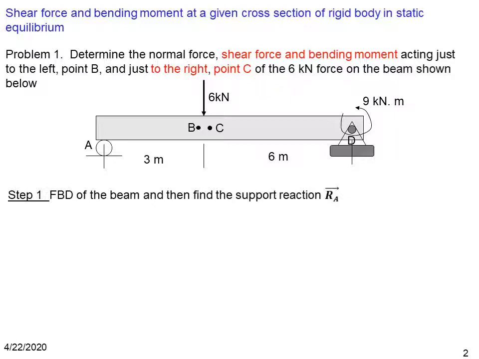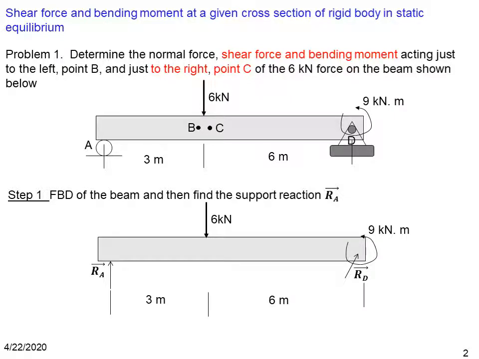To find RA, we have to identify the free body diagram first, in which we can show all the forces acting on the beam.